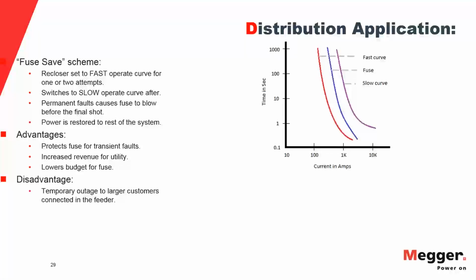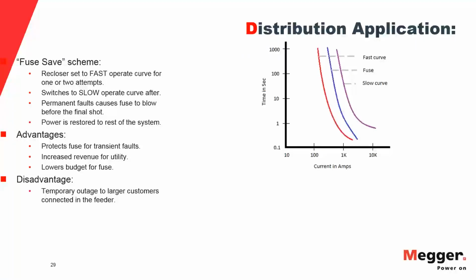But the other advantage is that you are trying to clear the fault as fast as possible initially, right? Since 80% of the faults are transient, it is usually fast. So this also allows you to clear most of the faults very fast. This is another advantage of this.